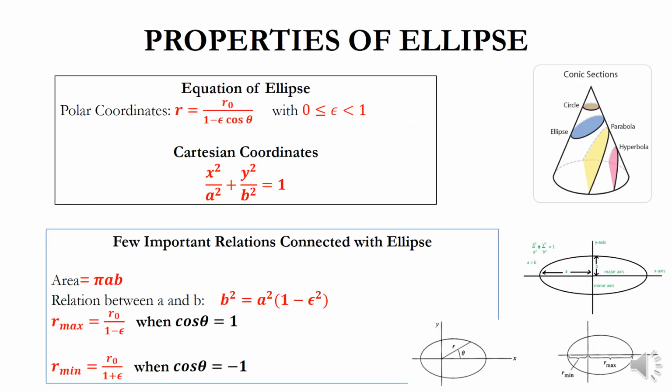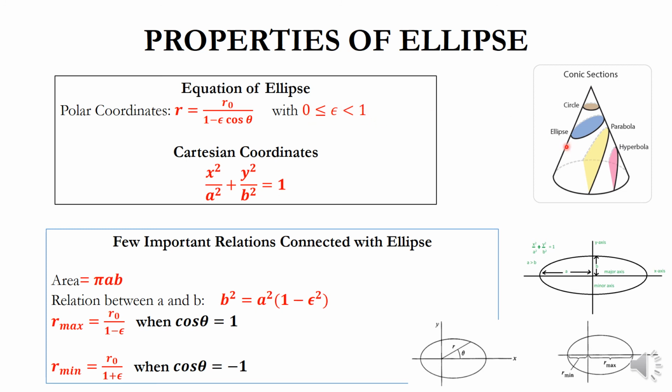Now we will see some important properties of the ellipse. The equation of the general conic section is given like this: r is equal to r0 by 1 minus epsilon cos theta. For an ellipse, this epsilon should be between 0 and 1.